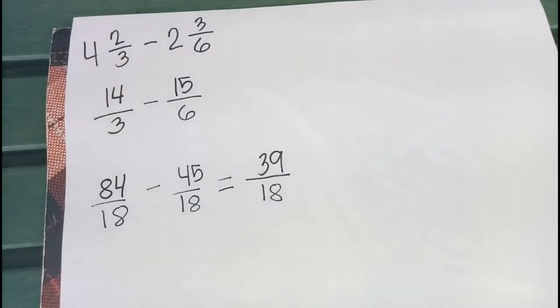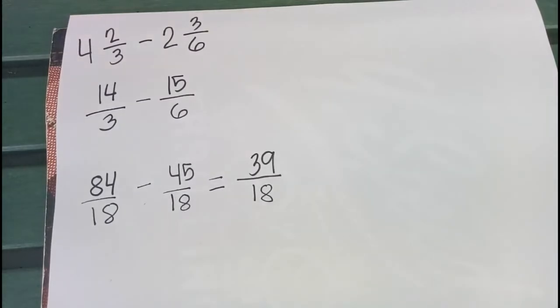Now you have to think, do we need to simplify 39 and 18? Think of a number, same number, that can both divide 18 and 39, or a multiple of 39 and 18. Okay, let me give you an example how to simplify it.